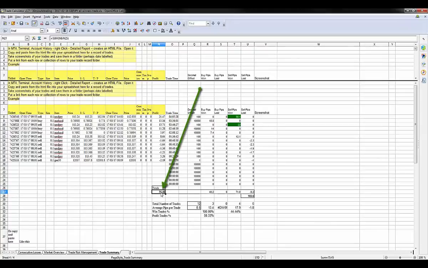So at the end of that, we've made 75 units of currency, £75 for the morning's work, and a total number of buy pips won of 40, sell pips won of 71, loss pips are 9. So our net pips altogether is 102 pips for the morning's trades.